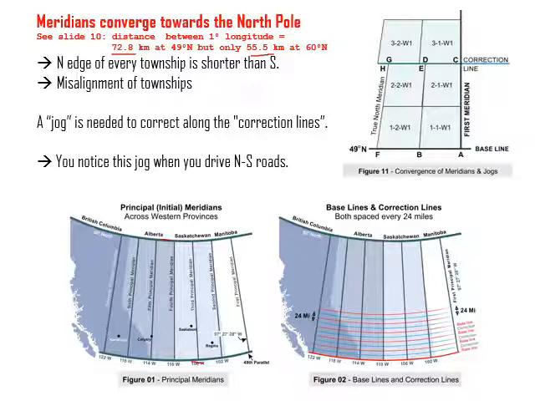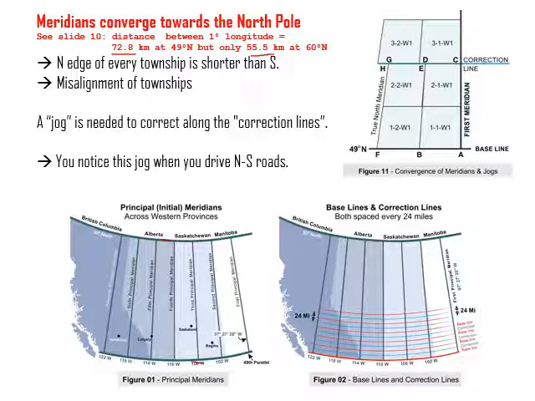Because of this, the north edge of every township is actually shorter than the south edge of the township. So if you then move to the second township and you make that 6 miles again, you have a misalignment of these townships. Therefore, that misalignment needed to be corrected. From south to north, we have baselines where each of these 6 mile blocks start exactly at the meridian, and in between you have the correction lines.